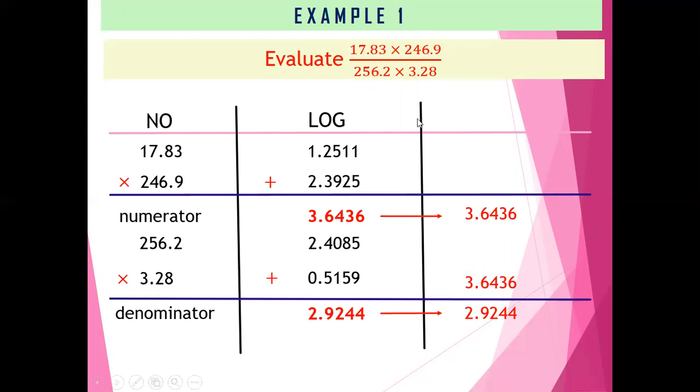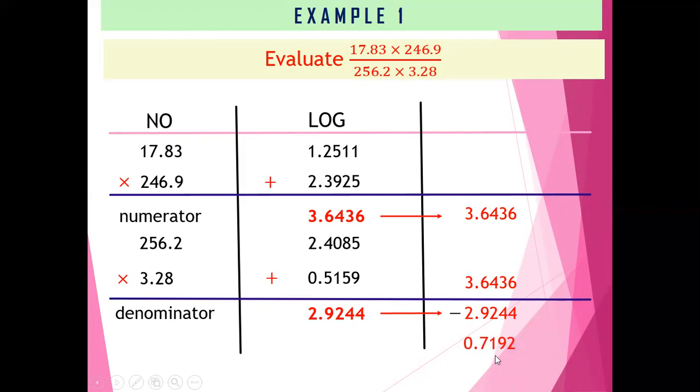And then what are we going to do? This sign is a division sign. When you have this all over, it's a division sign, right? Now, remember our law: for division, when you have logarithms, they should be subtracted. So we'll do a minus here, and that gives us 0.7192.